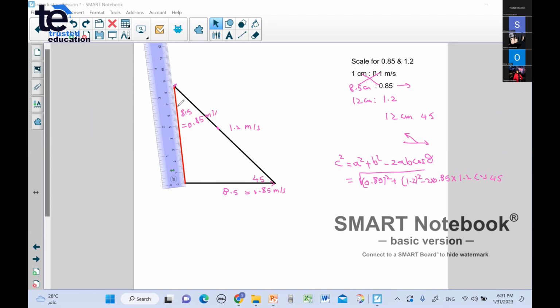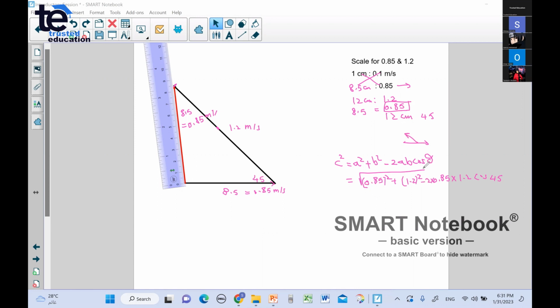Remember, when you get an answer, return it back to its original or actual one. I got here 8.5, so this means that the resultant is 0.85. This is the required type.